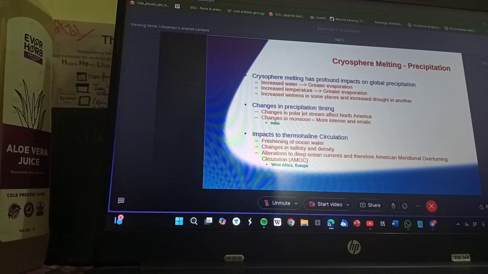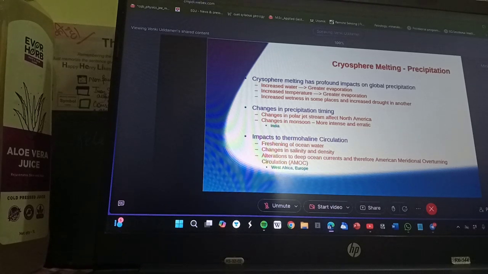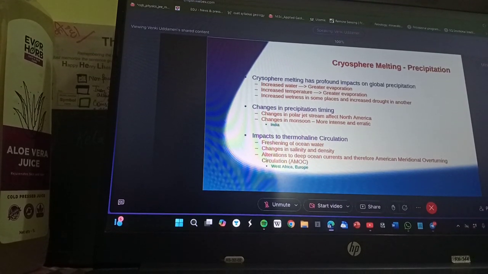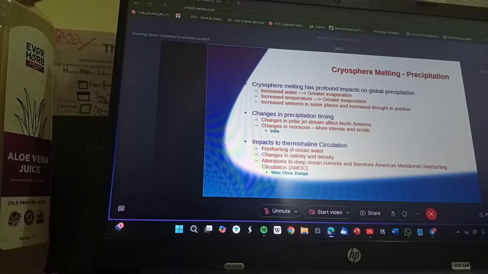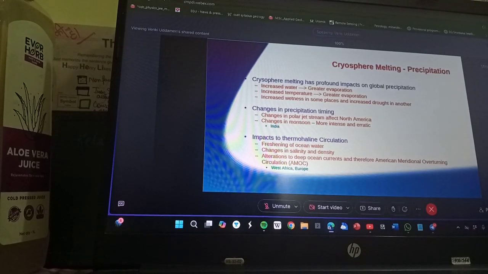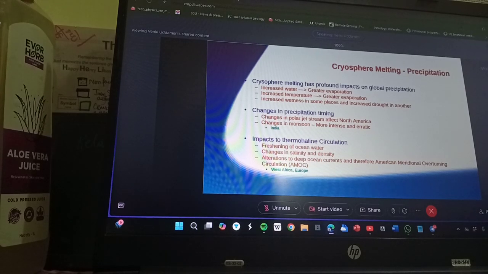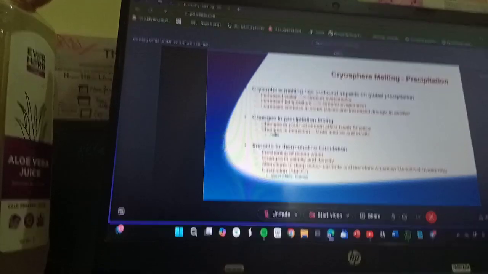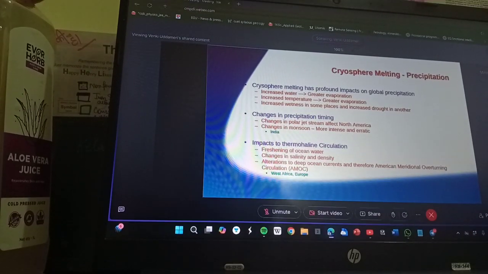And this in turn affects some of the deeper circulation, or the movement of the water within the ocean, or the mixing within the ocean, which is density driven, temperature driven, hence thermohaline circulation, and that in turn causes changes to the amount that is evaporated and the type of rainfall that we get. Particularly West Africa or Europe are seeing significant differences in when they get rainfall due to changes in thermohaline circulation.